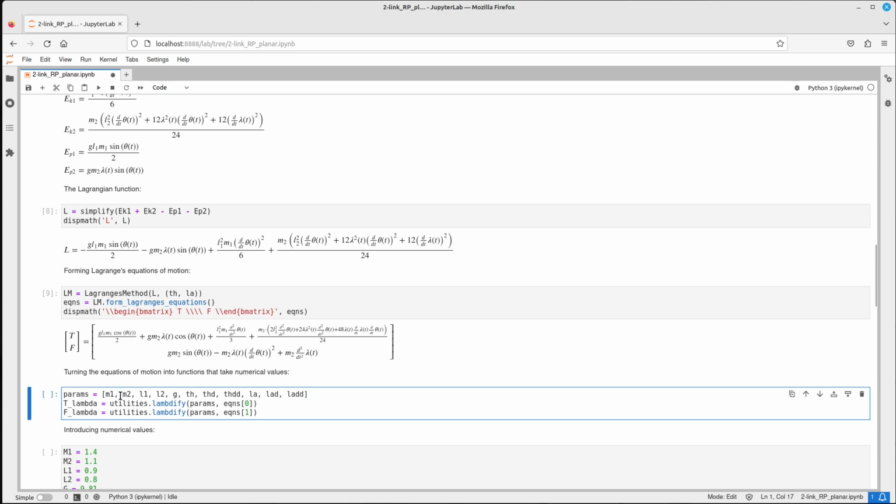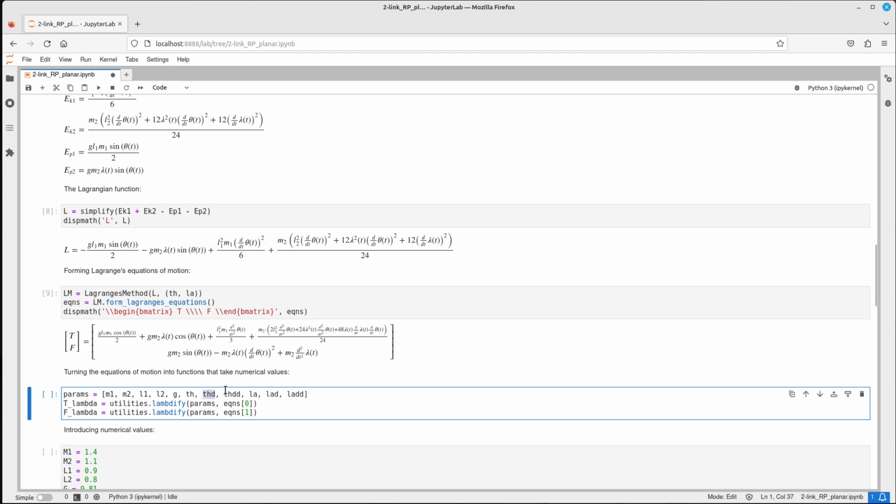So it can be either just a single value, or it can be like an array or a list of values. So in this case, you will have multiple values here, for example, for theta, because normally you will analyze it over a specific period of time. So you have to have more than one value.